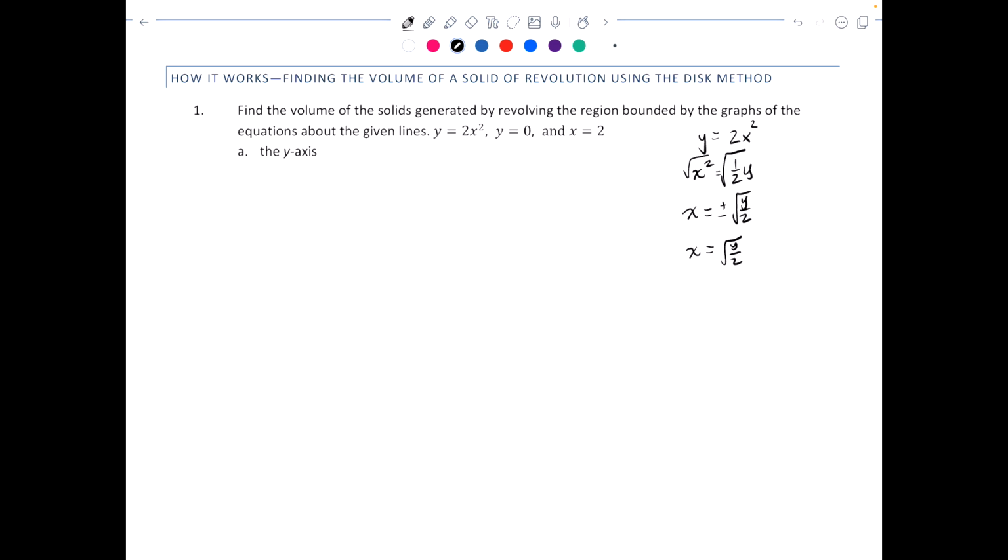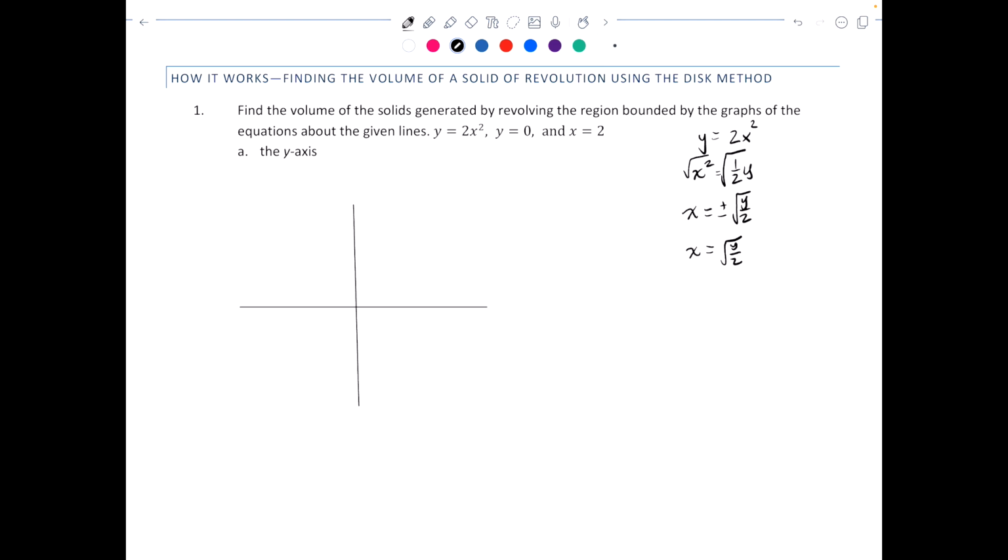So let's just make our graph. We have something like this. Actually, that's not that fabulous. Okay.